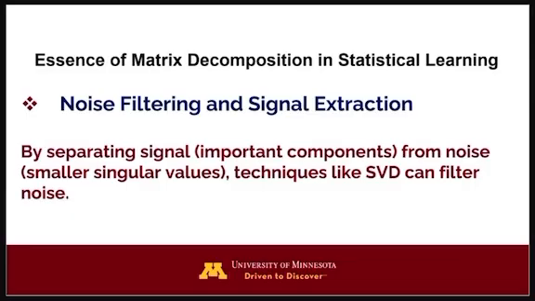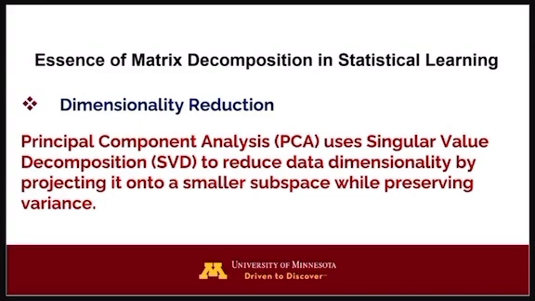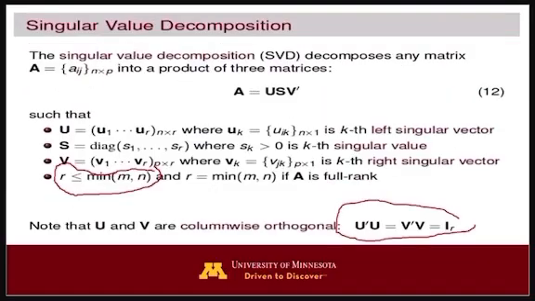So by separating the signal, the important features, the important components, the trend, the pattern, the information that we need, you want to separate that from the noise. The noise is going to be the small singular values. That's why in the singular value decomposition, I'm going to take you back. How am I going to know some features have smaller values and some bigger? I will be able to know through this, so take a look at this.